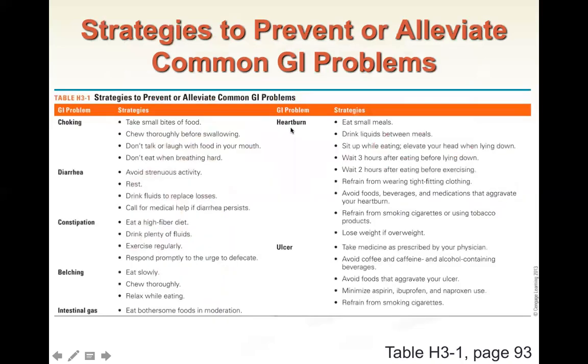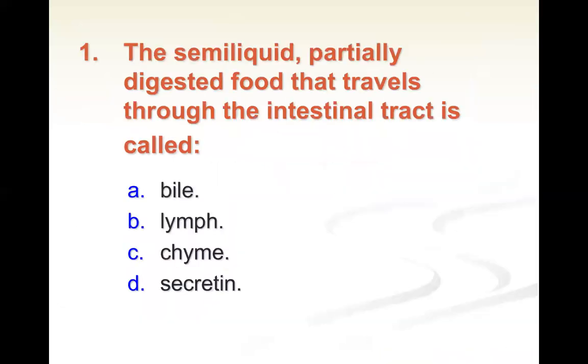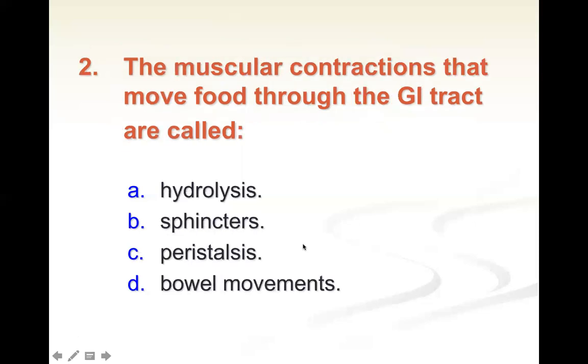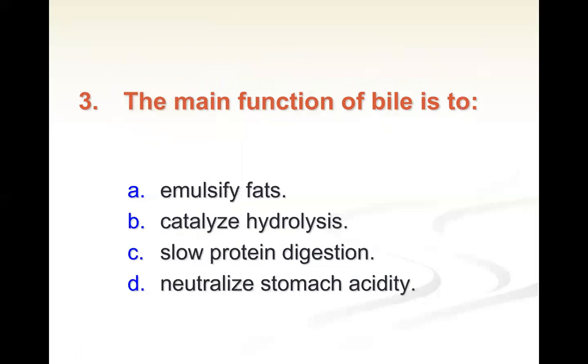This is a summary of some common GI problems that you could read about further in your book. And here's the quiz. The semi-liquid, partially digested food that travels through the intestinal tract is called, hopefully you guessed, chyme, C. Muscular contractions that move food through the GI tract are called, C again, peristalsis.